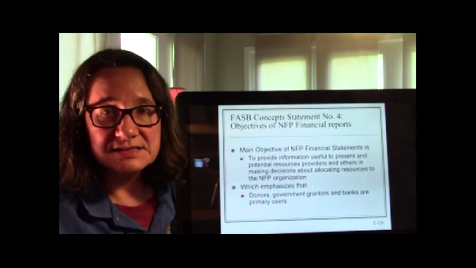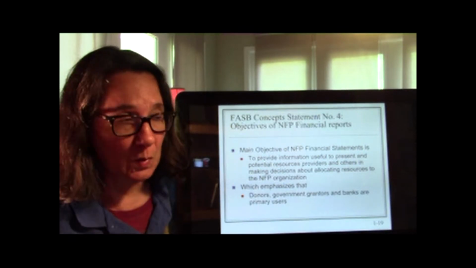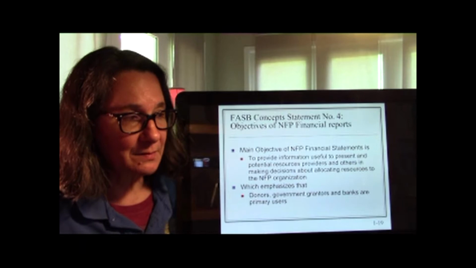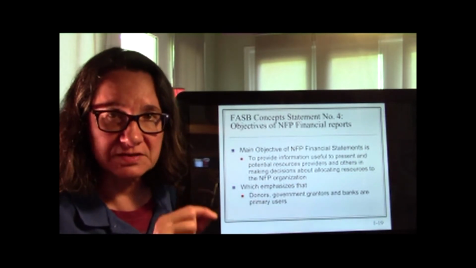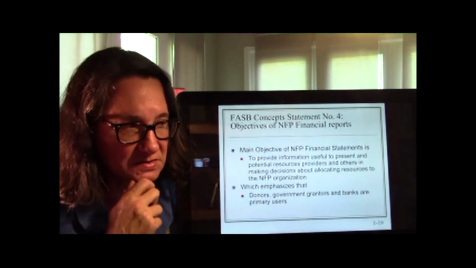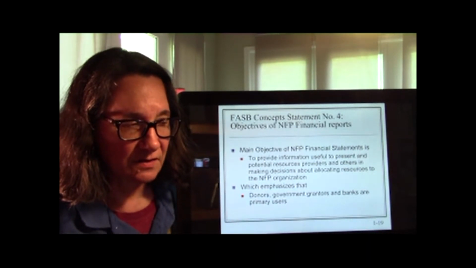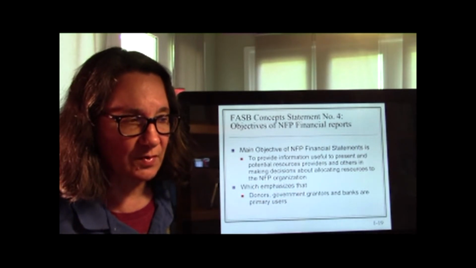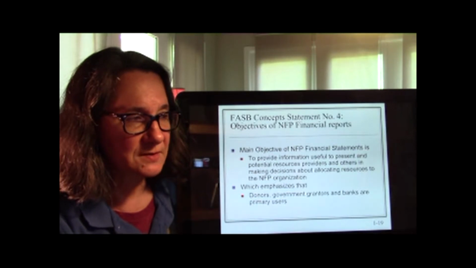So FASB has the same concepts, conservatism and all these ideas that you've learned before. But the main objective from FASB Concept 4, which applies specifically to not-for-profits, is that you're trying to present useful information, right? And understand who the primary users are. Donors, grantors, and banks are the primary users.